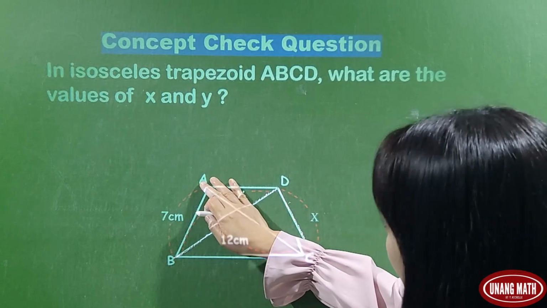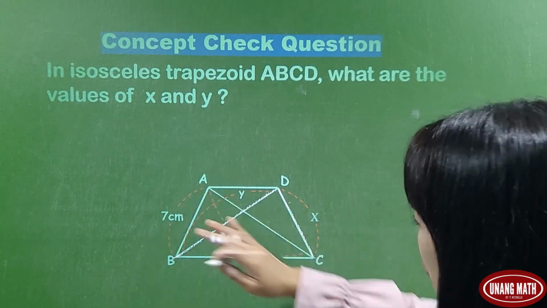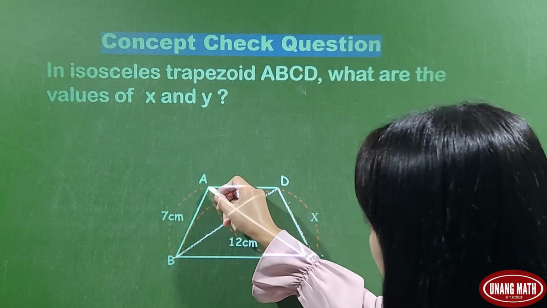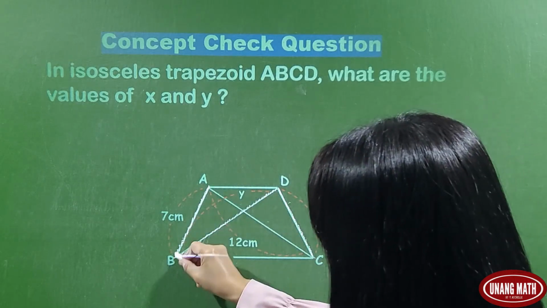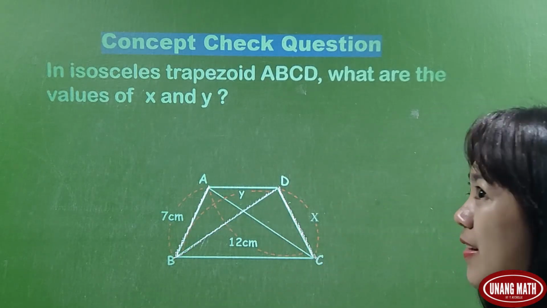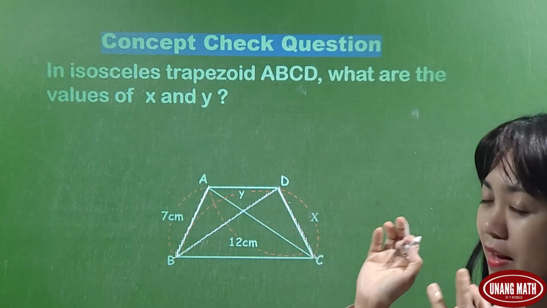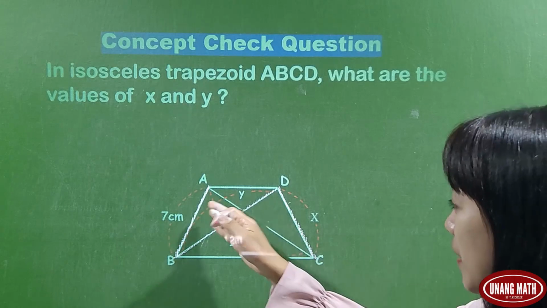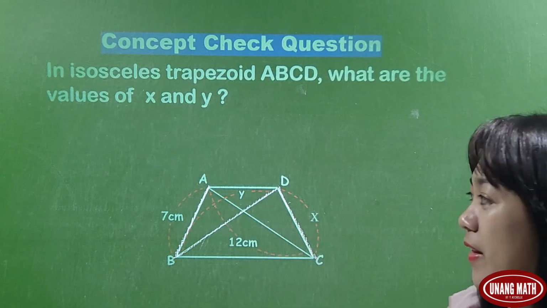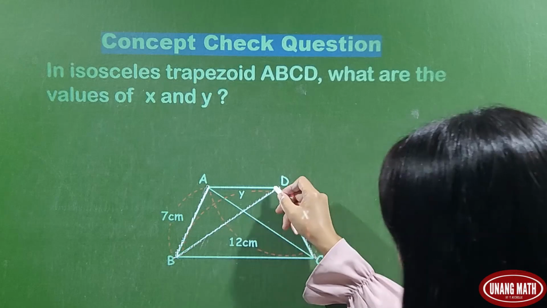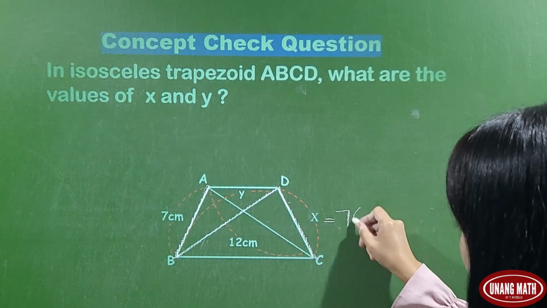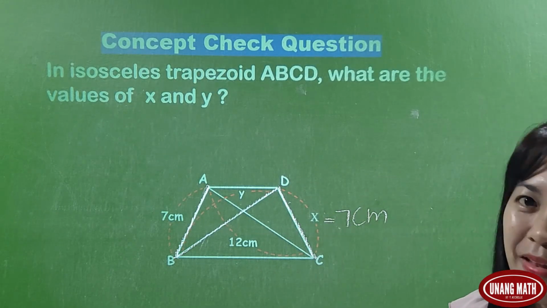If this is an isosceles trapezoid, then this side and this side are the non-parallel sides. And in an isosceles trapezoid, non-parallel sides are equal in length. So if this is 7 centimeters, this is also 7 centimeters. So x is 7 centimeters.